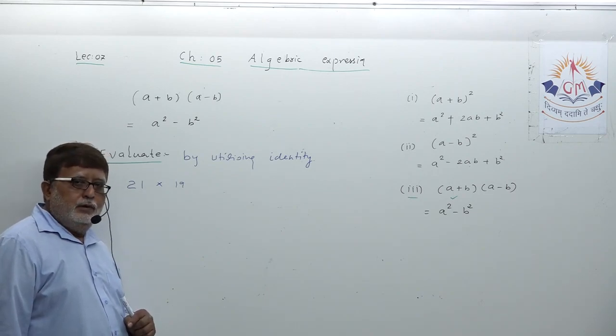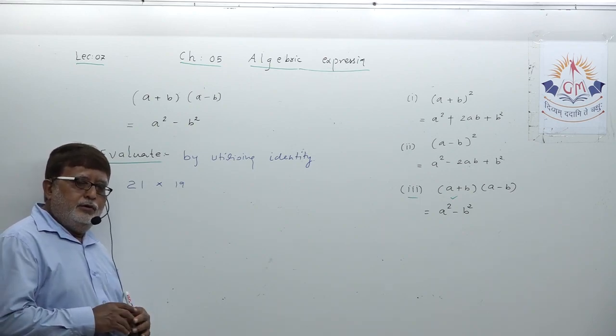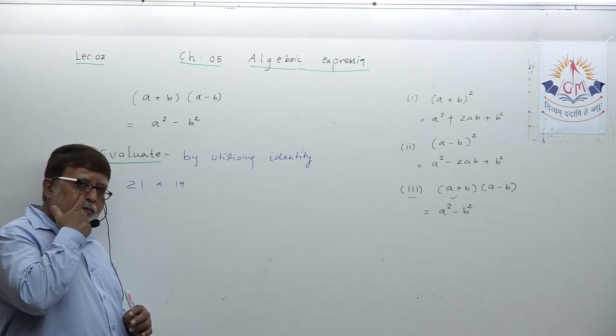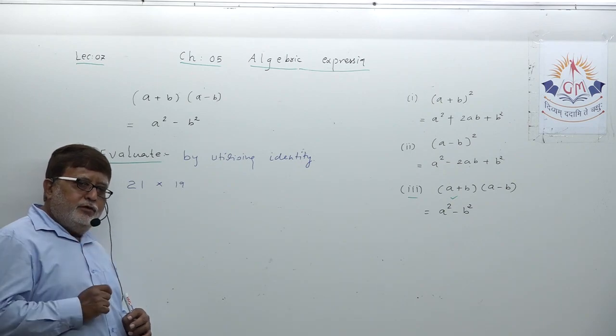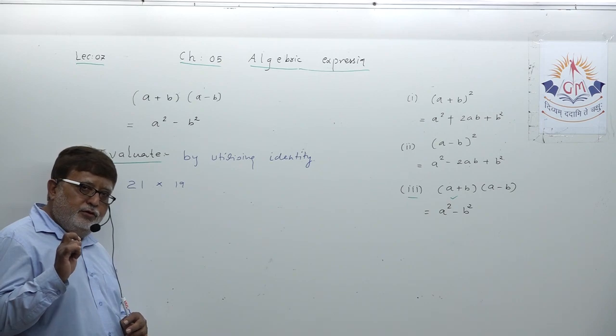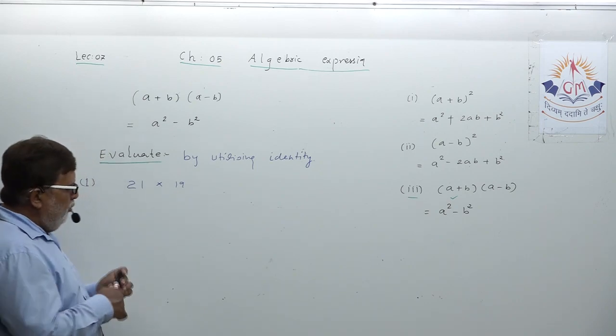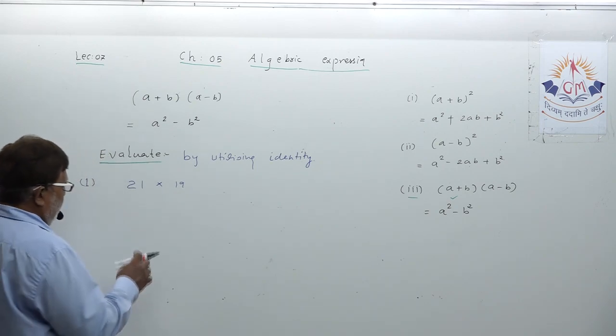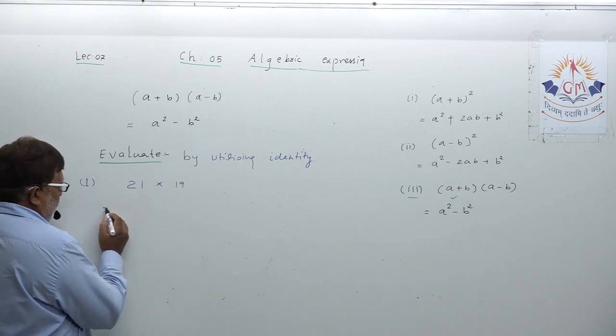Rather, you have to split both the numbers by considering one number containing 0 nearer to both of these. I think any student can understand.